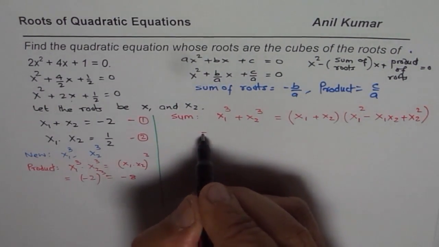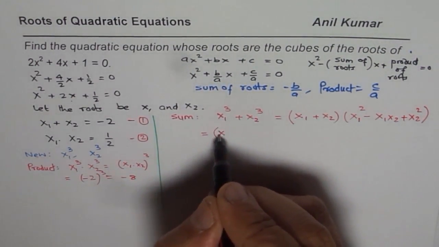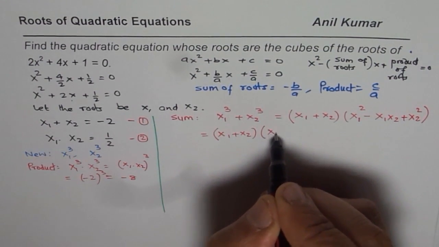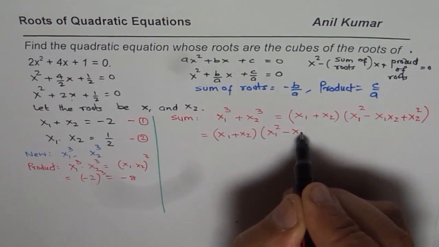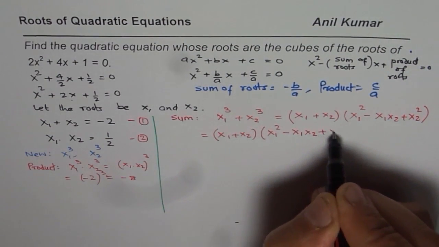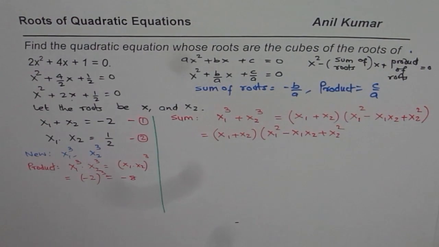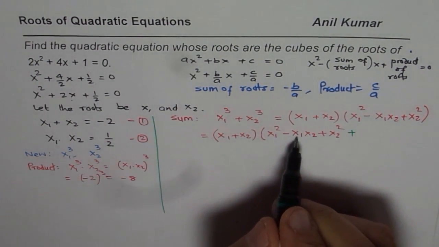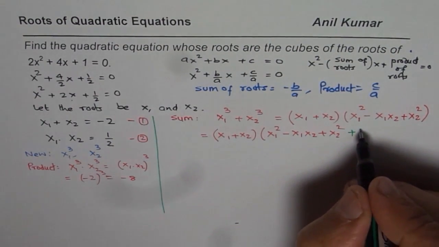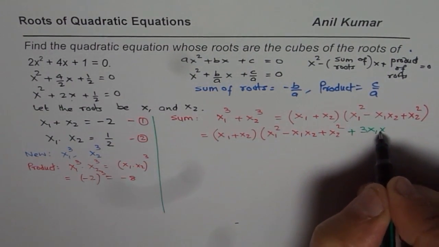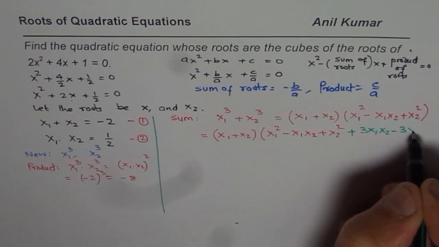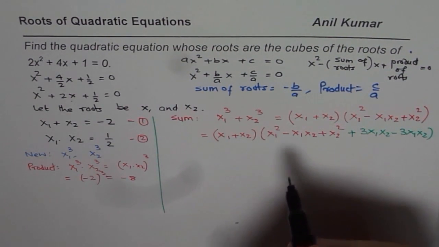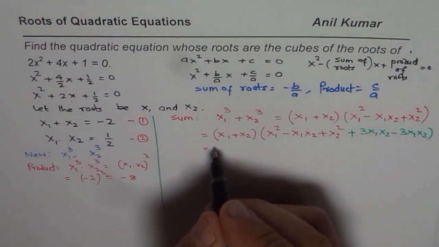So that means I could write this as x1 plus x2 times x1 square minus x1 x2 plus x2 square. Now in this expression, we want 2 x1 x2, right? So if I add 3 x1 x2, then what happens? Add and subtract 3 x1 x2. In that case, we can make it a perfect square.